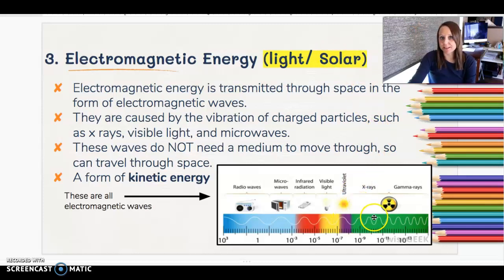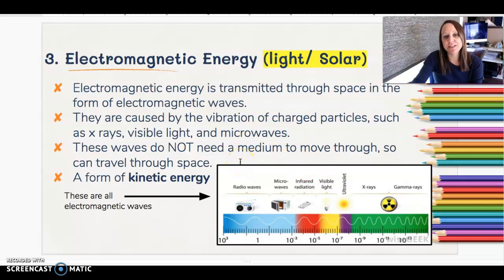We also have X-rays, that's a type of electromagnetic energy. We have infrared radiation, which is what you see if you put on night vision goggles, microwaves, radio waves, and gamma rays. And electromagnetic energy is also a form of kinetic energy because the waves are moving.